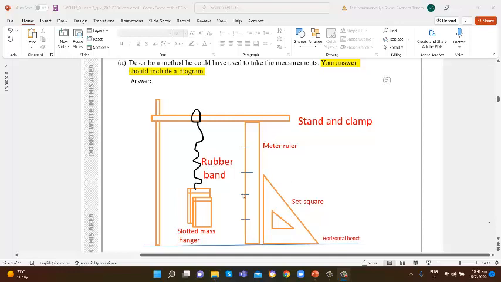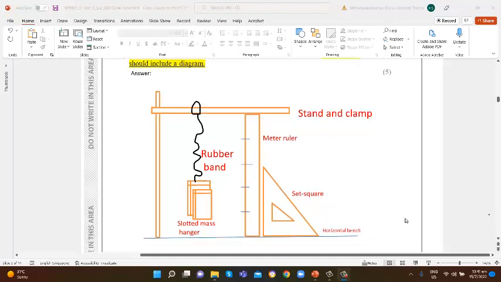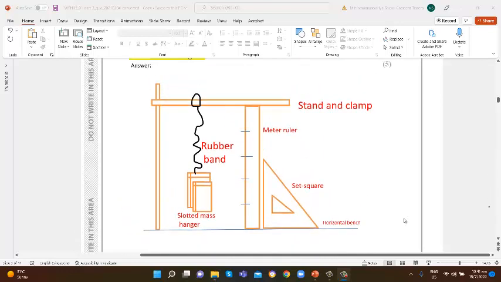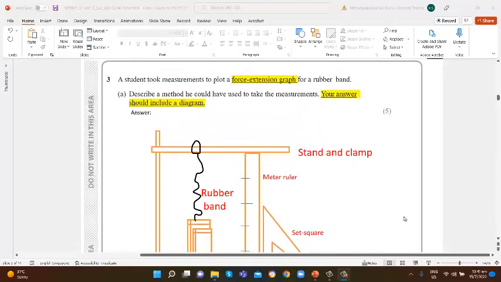After that, label the diagram and you have to describe the experiment. So I have labeled everything: stand and clamp, meter ruler, rubber band, slotted mass hanger, set square and horizontal bench. So now how to describe, this is a typical question.